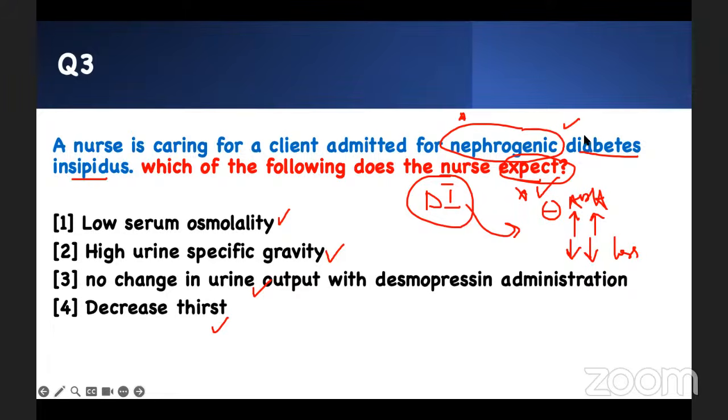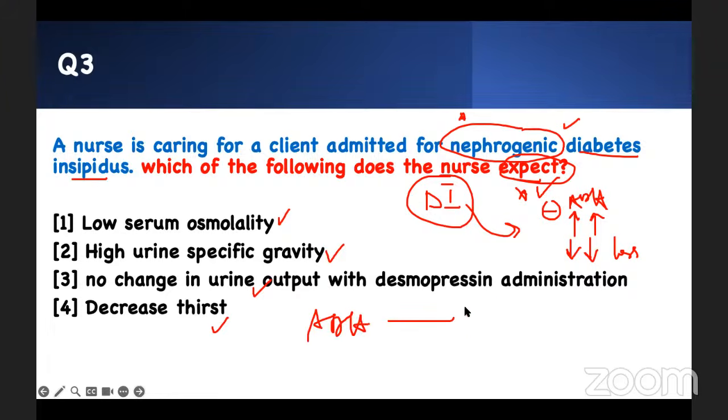But why did I put nephrogenic diabetes insipidus? It's content. What is nephrogenic diabetes insipidus? You know that this is what I'm going to expect if I have DI. Therefore, you can see that 1, 2, and 4 are all wrong. But let me show you. If you have nephrogenic diabetes insipidus, you have ADH.